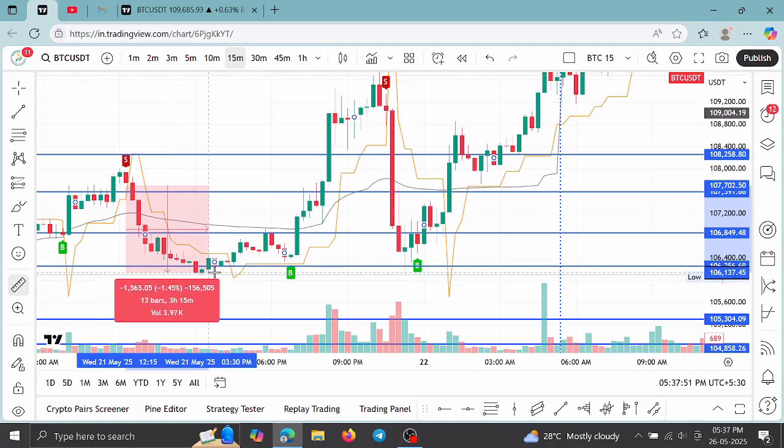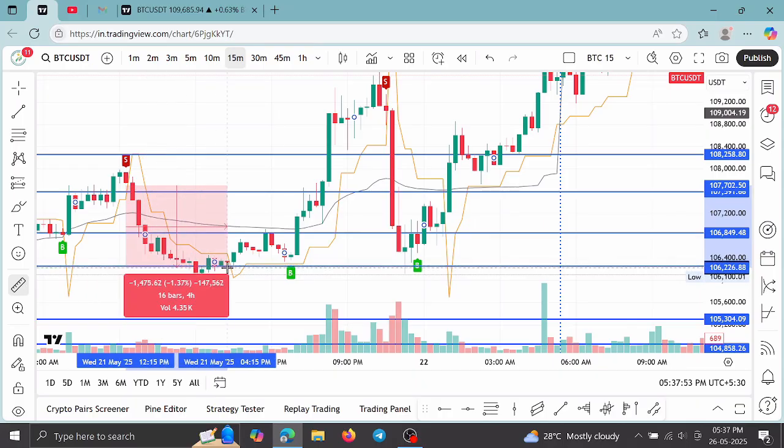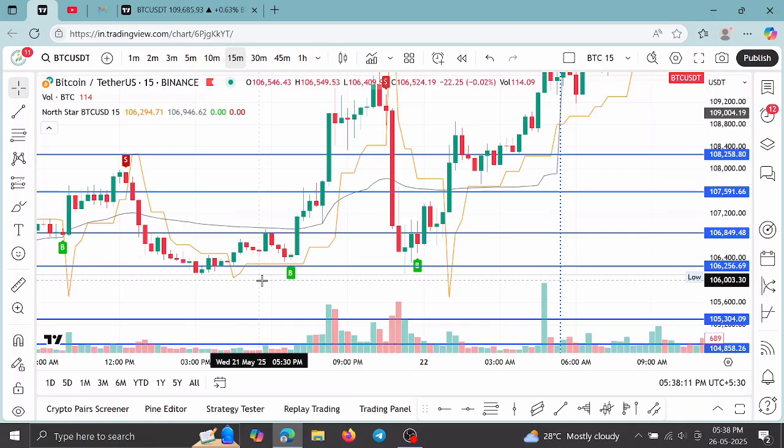Until the price is below your Trend Mate, you stay in the trade. Okay, and when it starts going up, then you can simply book profit and get out of the trade.